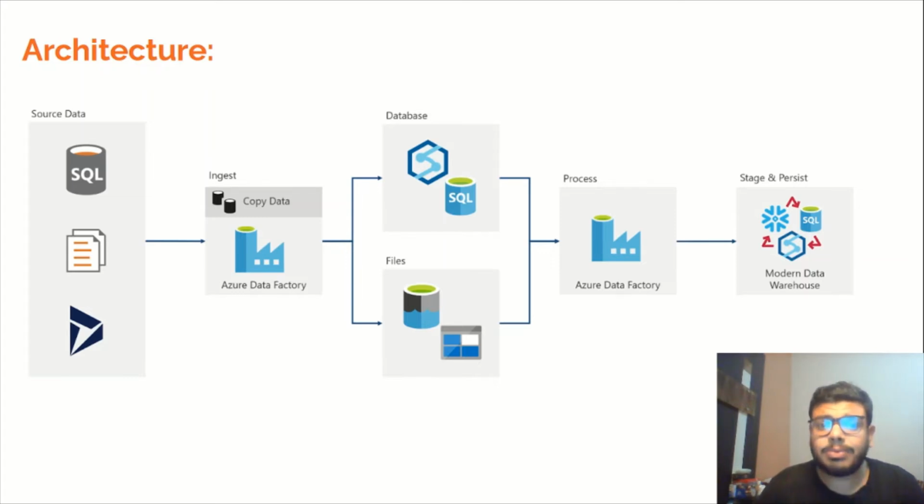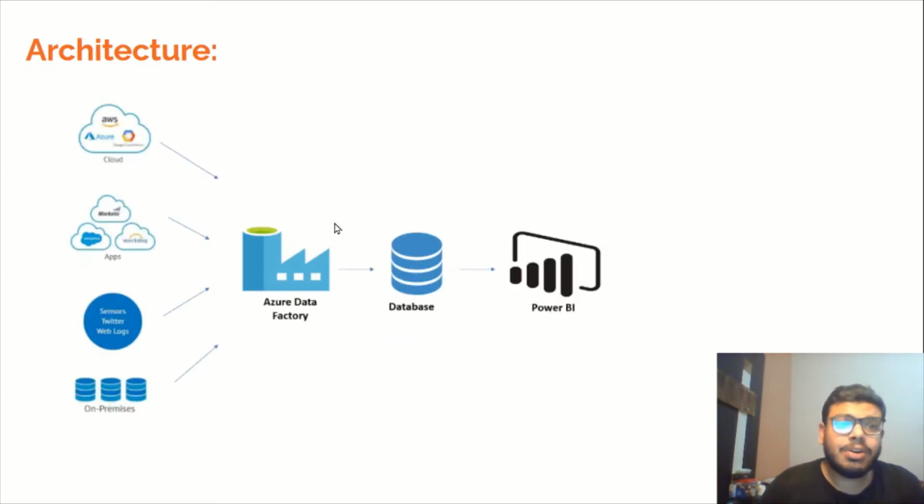Let us see some more use cases of it. Now in this architecture you can see we are getting data from cloud, apps, sensors, on-premise database. Now what do we mean by on-premise? Let's say these are the databases or servers which you own, right, which are not rented out somewhere, which you own yourself.